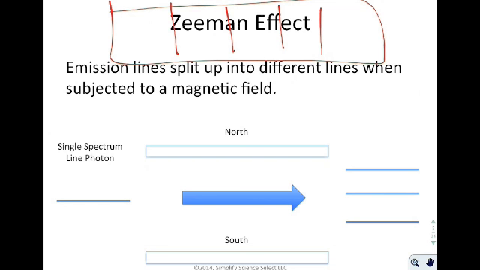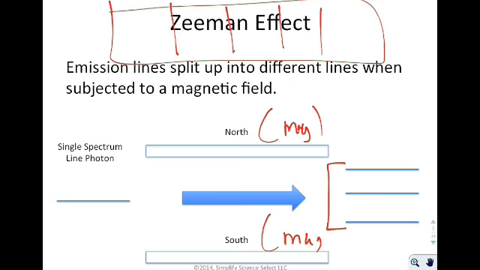What you see here is a north magnetic pole and a south magnetic pole, and they put that single line spectra, the single transition, into a magnetic field. When they did that, they saw that this single line split into three very, very closely spaced lines. It was actually very difficult to see that there were three different lines. So a single spectrum line, when you apply a magnetic field to it, actually turns into three very closely aligned lines.